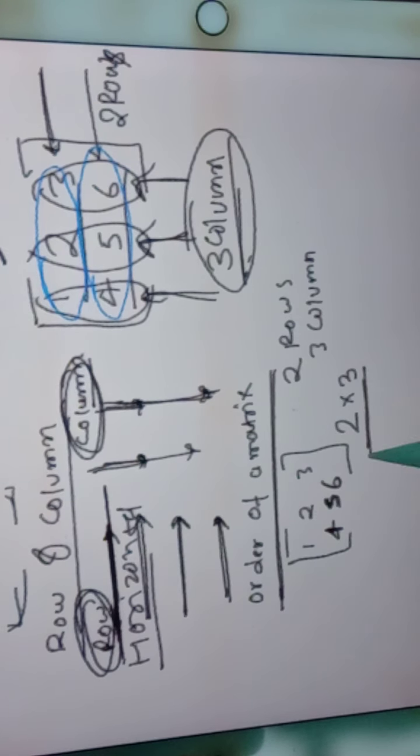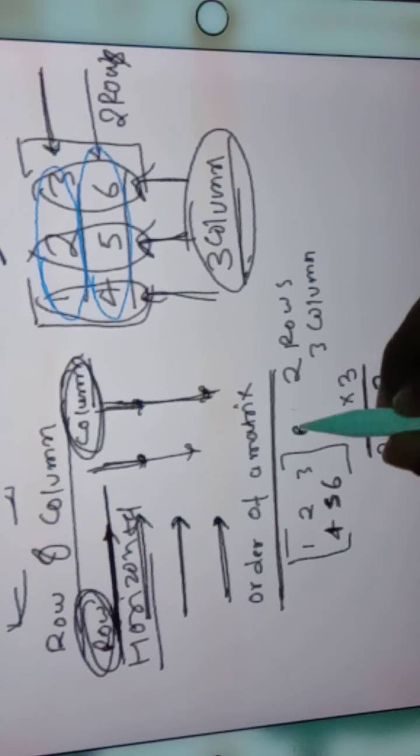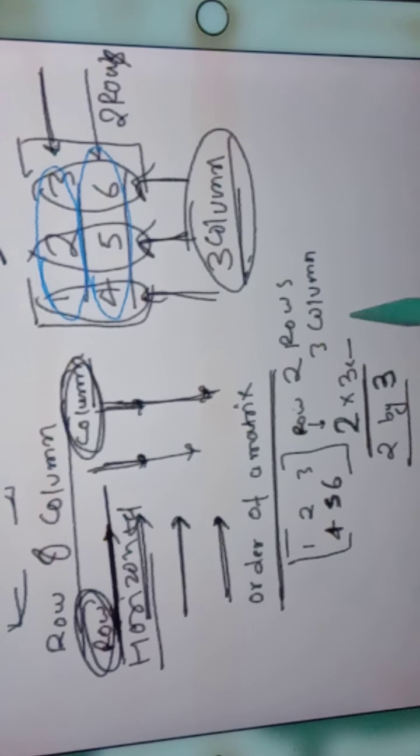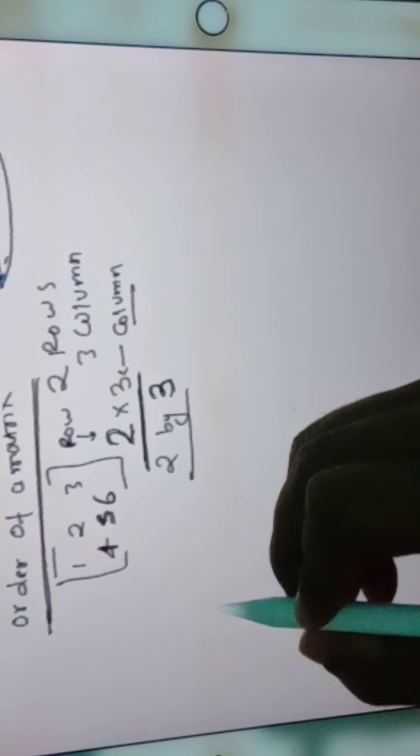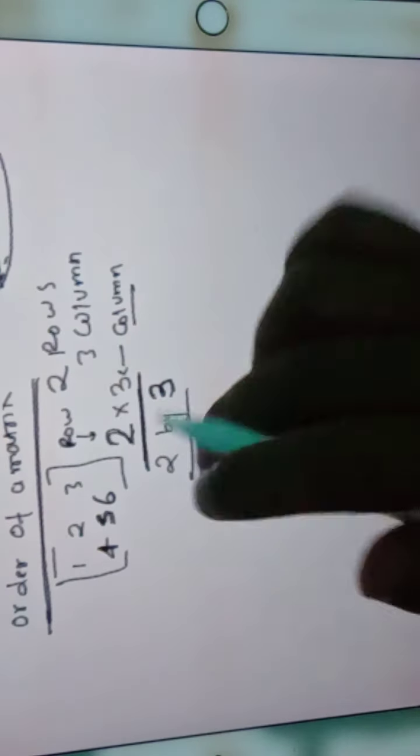Always remember, not 2 cross 3. Here it is read as 2 by 3, because first we write the number of rows, and second the number of columns. 2 rows and 3 columns, like that.